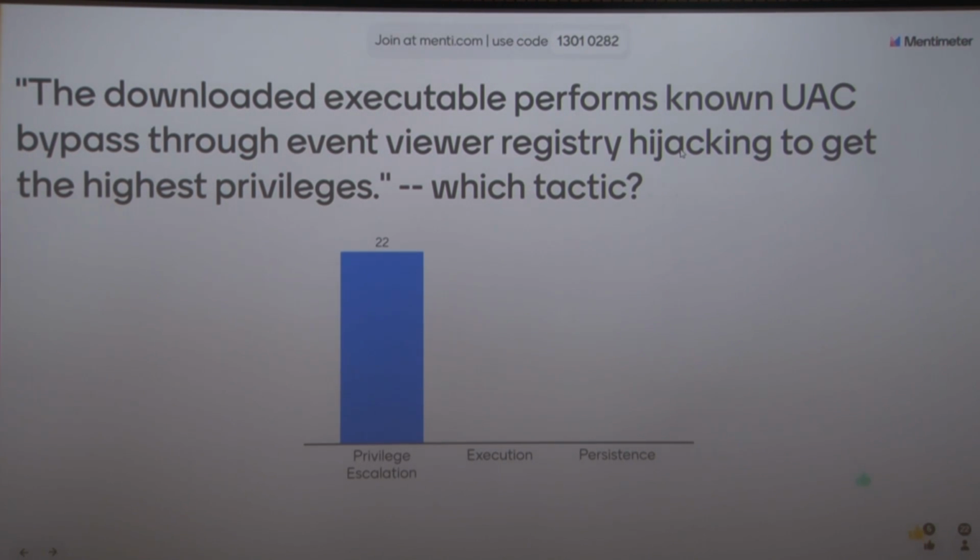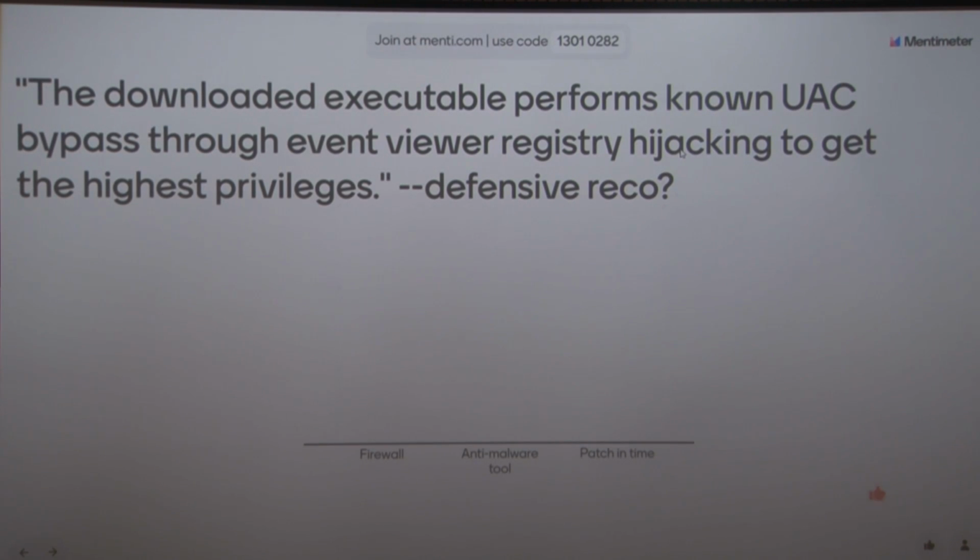But after having seen the results of the midterm's first question, I wasn't sure that even this would be 100% here, but I am pleasantly surprised. So here is the downloaded executable performing UAC bypass. What will be your defensive recommendation?